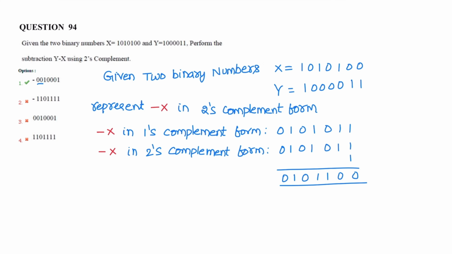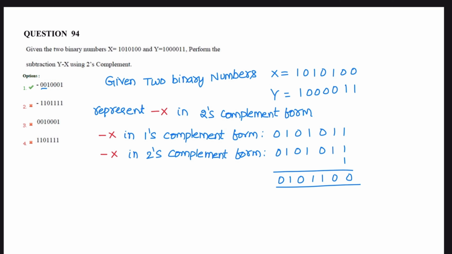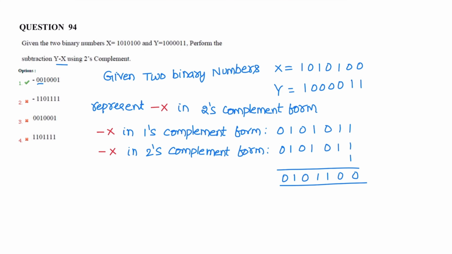Question number 94. Given two binary numbers x and y, perform the subtraction using 2's complement. So the given binary numbers are x and y. In the question they have asked y minus x, that is, represent minus x in 2's complement form.